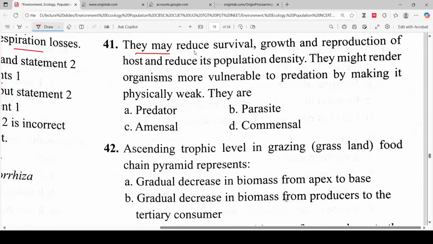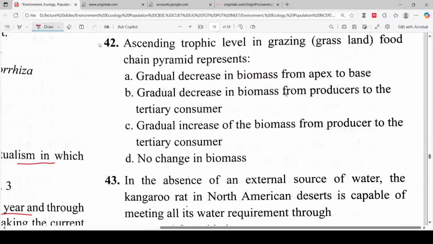They may reduce survival, growth and reproduction of the host and reduce its population density. They might render the organism more vulnerable to predation by making it physically weak. They are, of course, parasites. Next question.